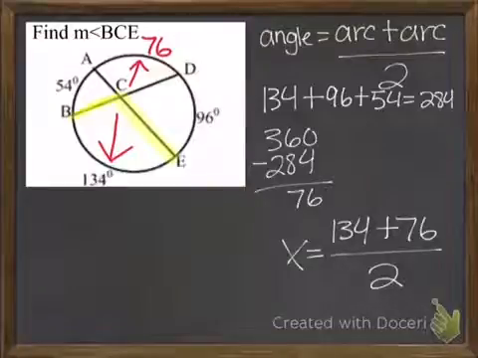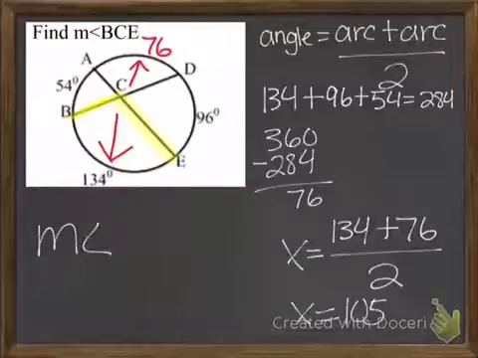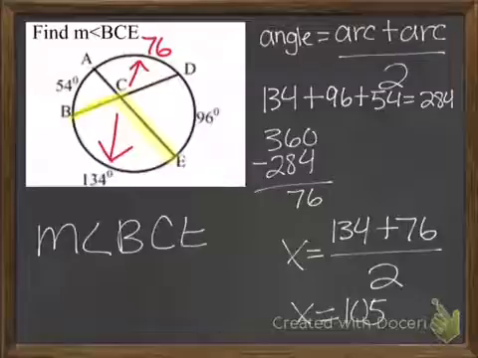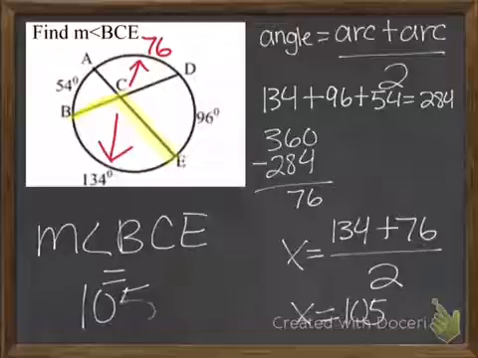Once you divide it by 2, you should get x equals 105. So the measurement of angle BCE equals 105.